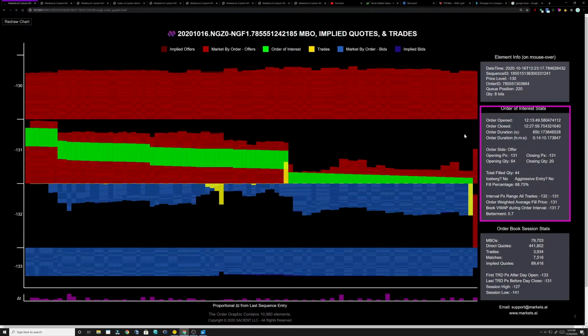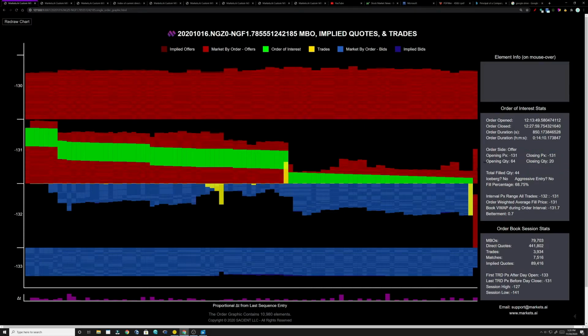It came as a 131 offer for a quantity of 64, which we already saw when we used the element info to hover over that first order of interest bar. And it went out with 20 remaining, so it was not completely filled.